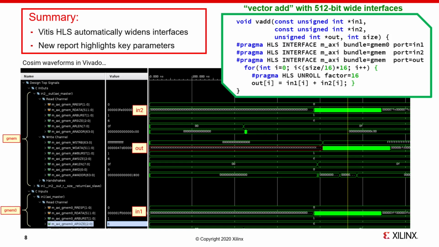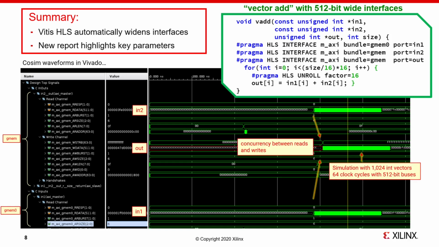We can see the in2, the out, I can also see the in1, and I can verify that there is concurrency between the read and the write operations to the output. In this simulation, I am sending 1024 integers for both inputs, and I do see the expected 64 clock cycles with 512-bit wide buses in the RTL co-simulation launched from the Vitis HLS IDE.